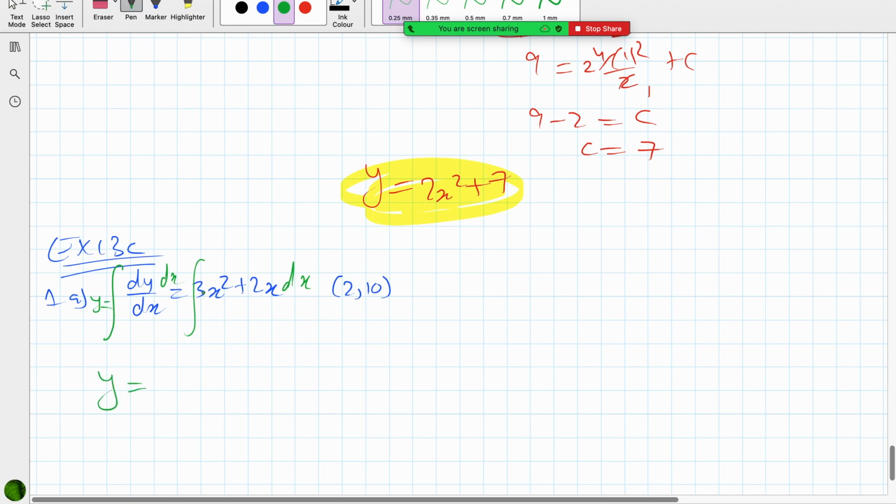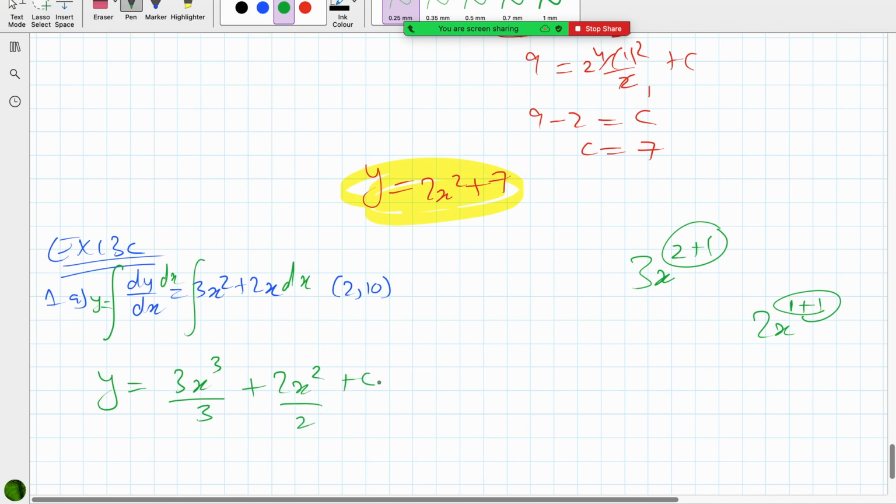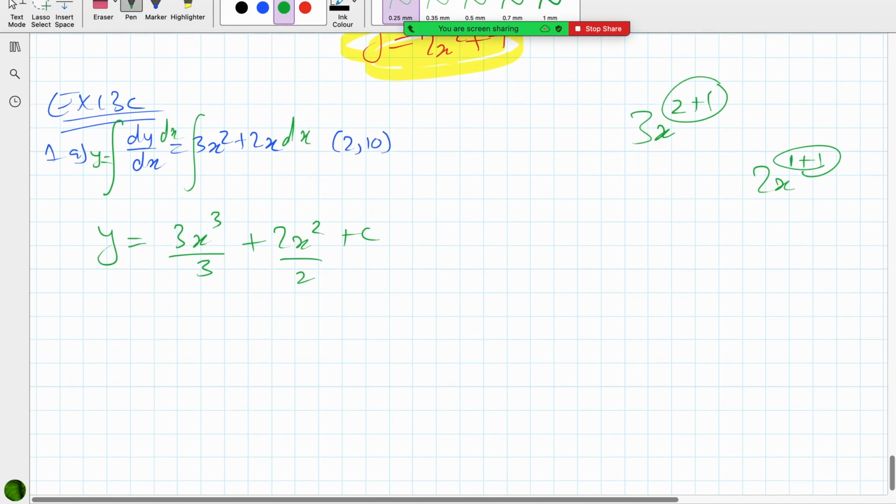Power plus 1, this is 3x square. When I add 1 to the power, it becomes 3. So 3x cube divided by the new power, plus the remaining part is 2x, which is power 1. So 1 plus 1 would be 2. So 2x square divided by the new power, plus c, the constant, which is always there.